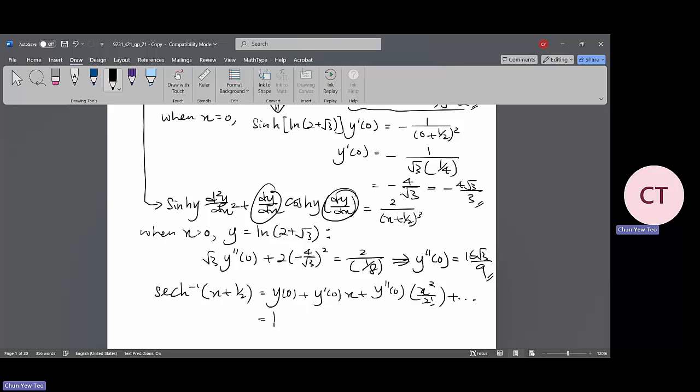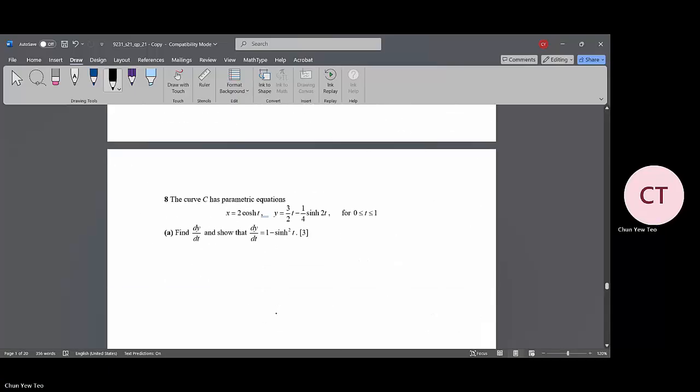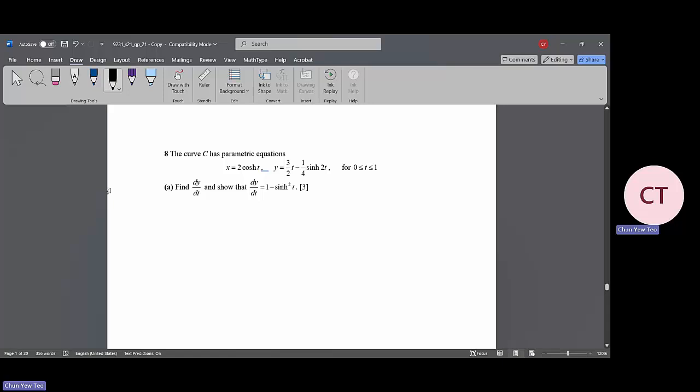So this one is ln of 2 plus root 3. This one is negative 4 root 3 over 3 times x. Then this one will be 16 root 3 over 9 divided by 2, times x squared. So this will be the answer for question number 7b. And move on. We have question number 8.